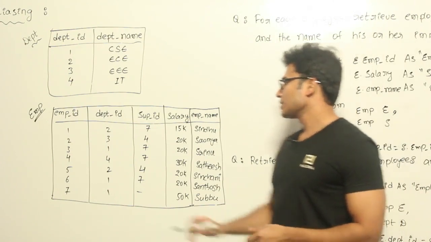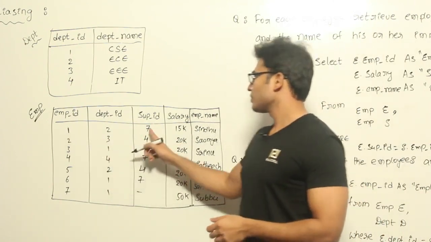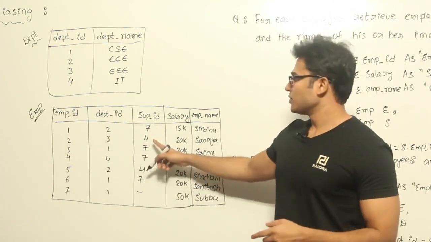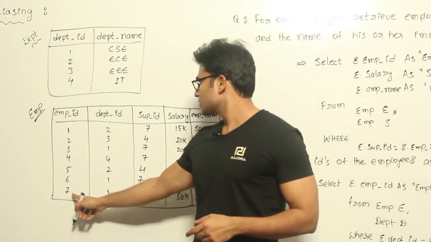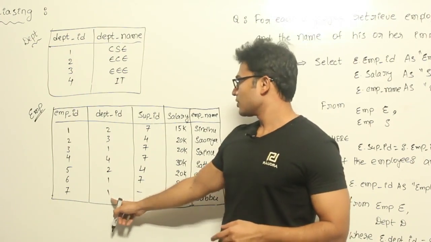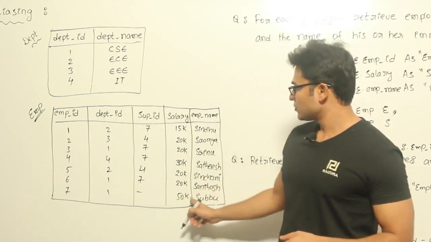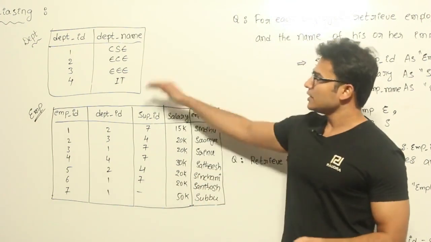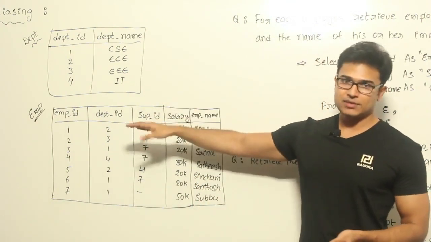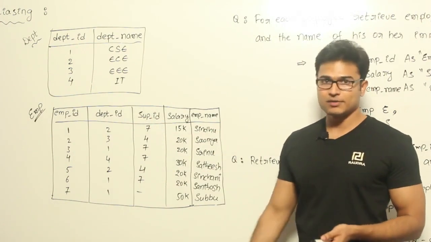Now if you look at this, employee number 1 is having supervisor as 7, right? So which means if you look at supervisor 7 is working for department number 1, and the supervisor's details are given here. So both the employee details and his supervisor details both are present in the same table, right?